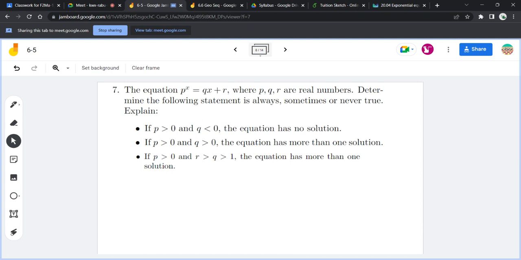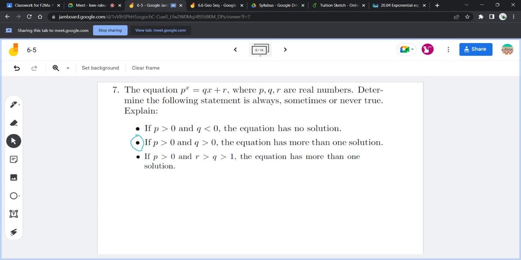So this one, actually, we need to draw the graph.